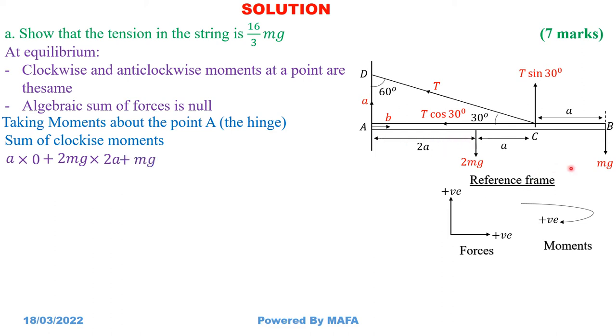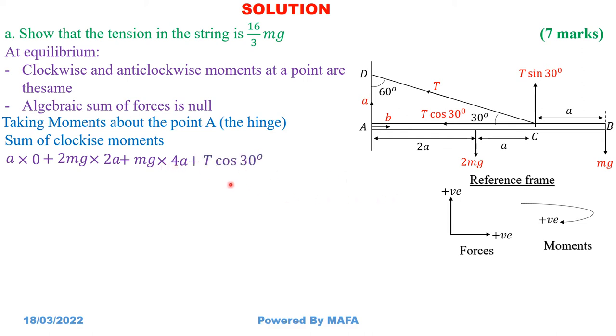Now we proceed with mg times its own perpendicular distance. This mg is acting at one end of the rod, and we are taking the moment of this force about the other end of the rod. So its perpendicular distance is the length of the rod, a plus 2a, which is 4a as indicated.